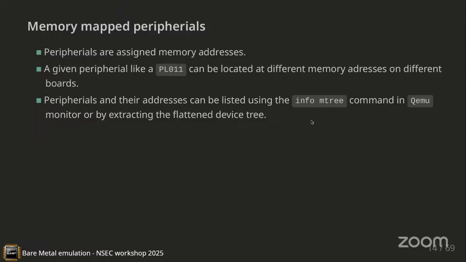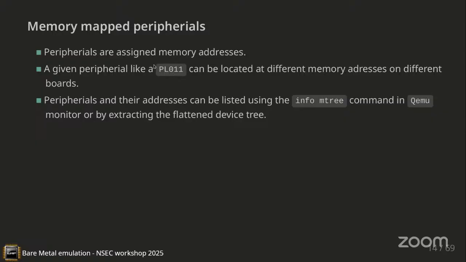In QEMU, there is a thing called a monitor. When we run the emulator, the monitor allows us to oversee the emulation and do some operations like dumping the memory or exposing GDB. And there is a command called info memory tree, which allows us to display the memory map with all the peripherals and their addresses.